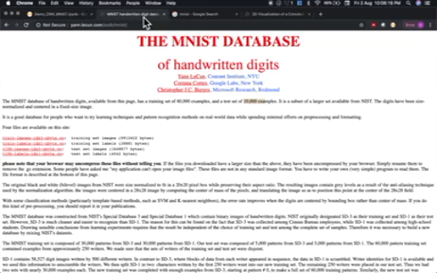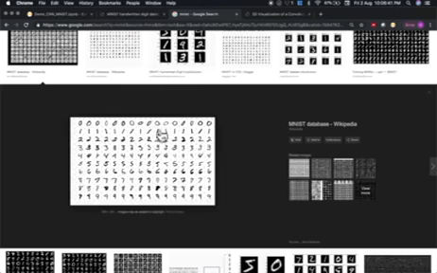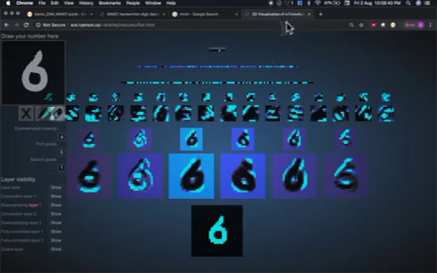Imagine you're booking a ride, or imagine you're taking a photo on your camera, right? They are using so many computer vision algorithms. We have seen a classical example called the MNIST database, which has 60,000 handwritten digits, and we have also seen how it works based on this simulation.